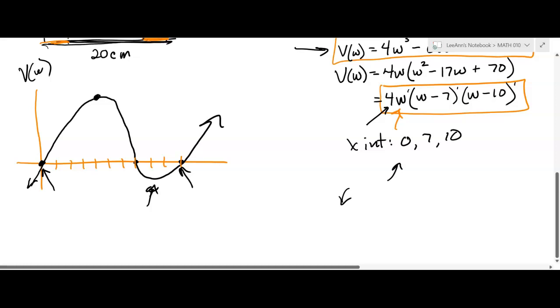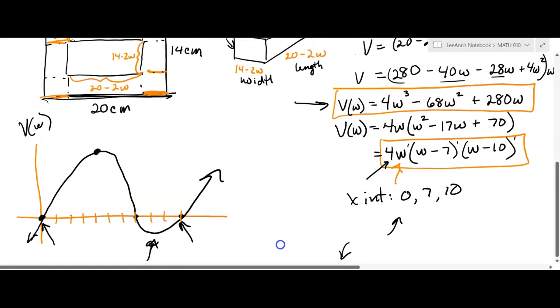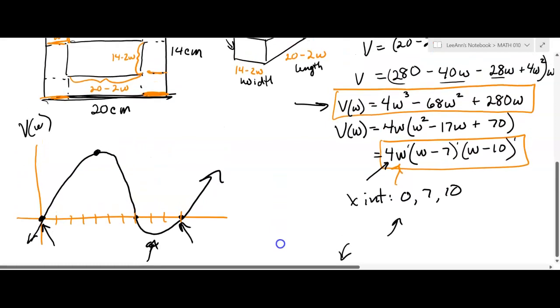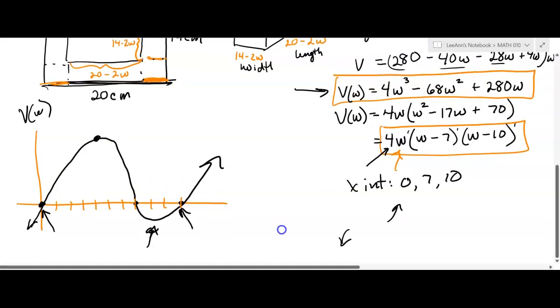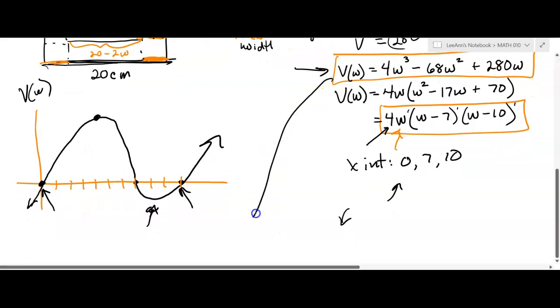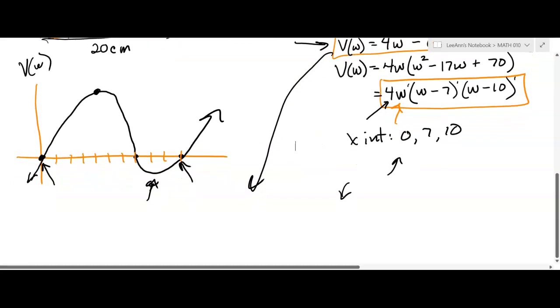Okay, so let's go back to our equation. Which one do I want? I'm going to take this equation, I'm going to write it down here. It was f of w equals 4w cubed minus 68w squared plus 280w, right?